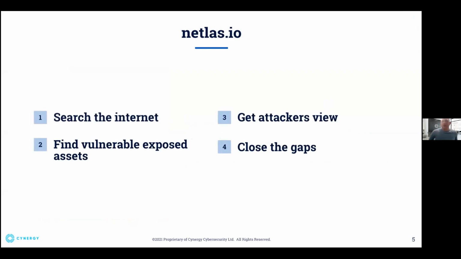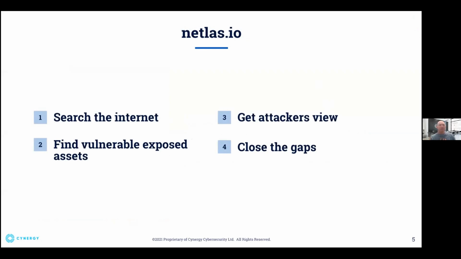I will start the tools review with netlast.io. Now, Shodan is a tool that helps identify services on the internet. Most of you know it, but there is a new player called Netlast, and it enables searching the internet for exposed services.